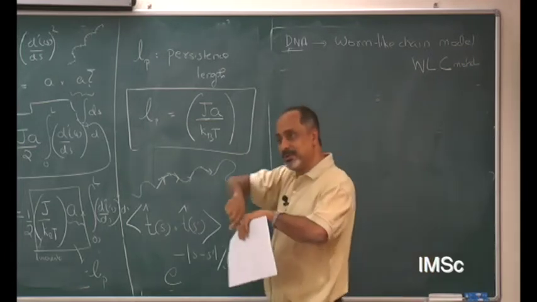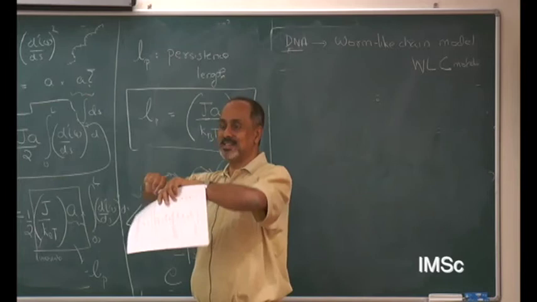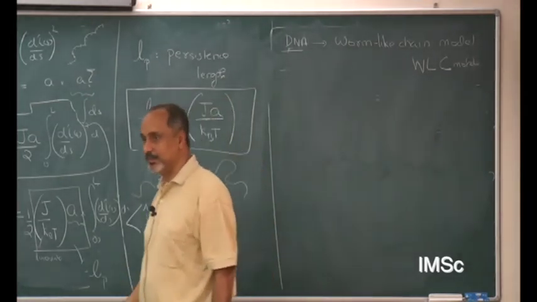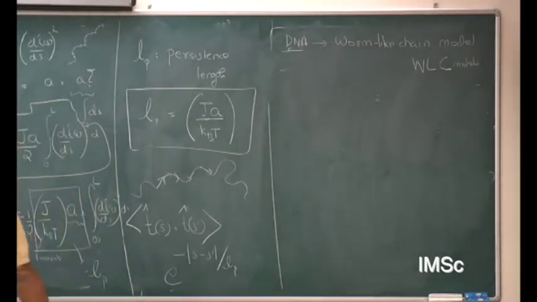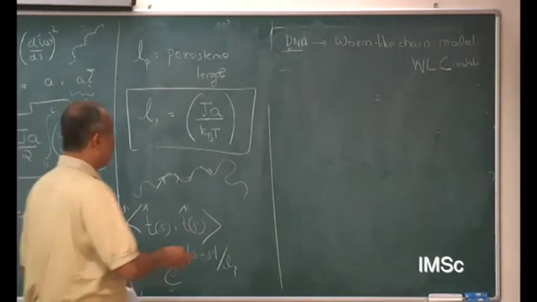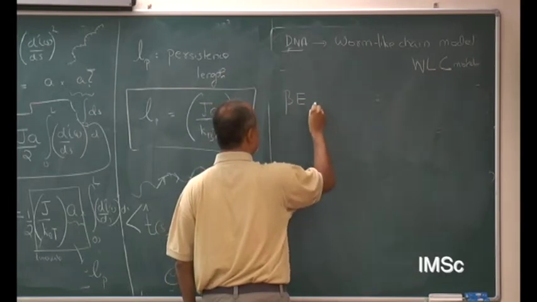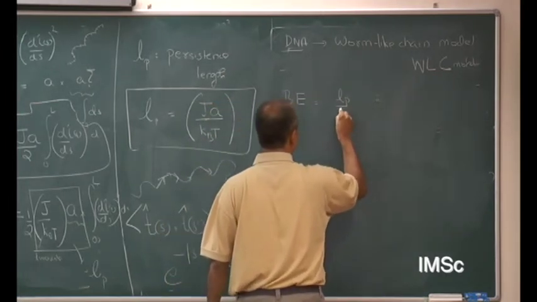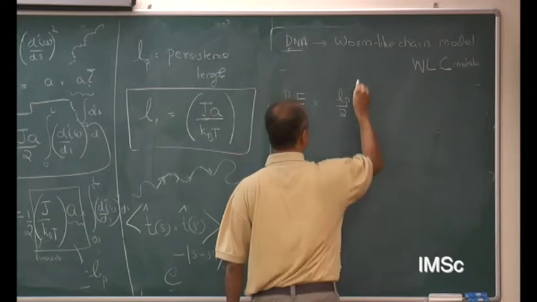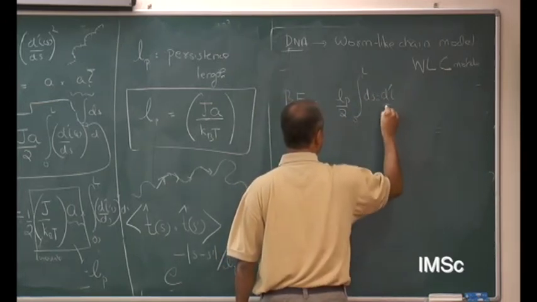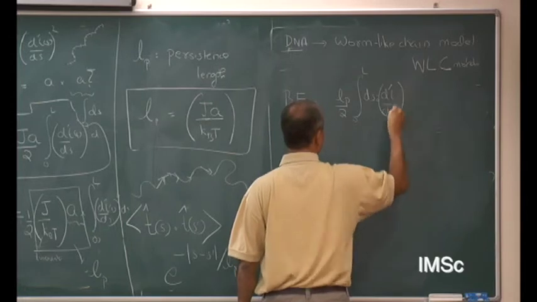They're worm-like because a worm also doesn't have very large changes in the curvature. It tends to be a smooth object, which is why the term worm-like chain is important in this particular context. So let's write down the energies. So beta times E is LP divided by 2 integral 0 to L ds (d t-hat by ds) the whole square.